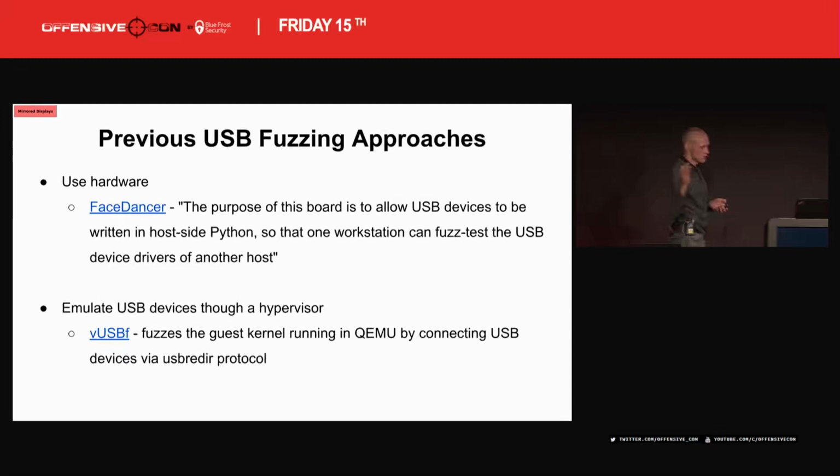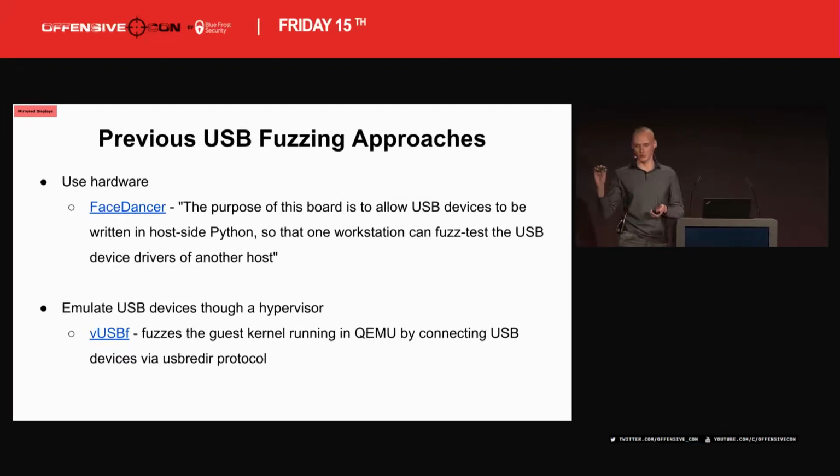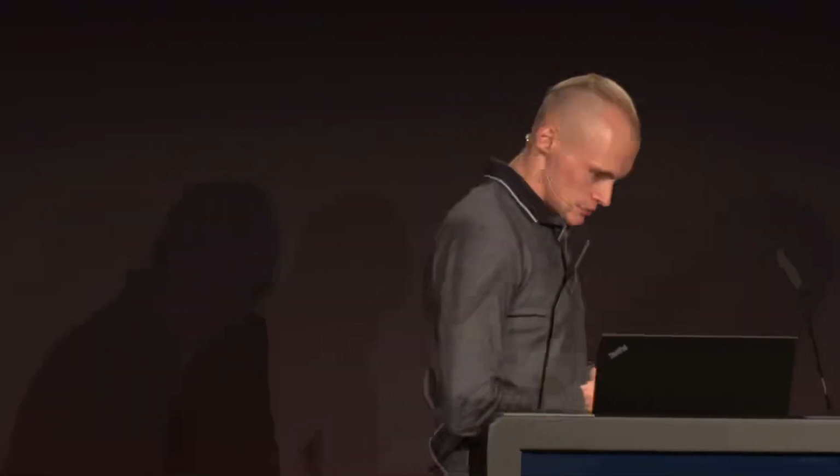It's basically a piece of hardware that allows you to emulate USB devices, and it has a Python framework written for it. You connect this part into your host machine that you control, and this part into the machine that you're trying to attack. You can drive this device with Python and send USB messages to it, and they're going to get passed to the other end, to the machine you're trying to attack.